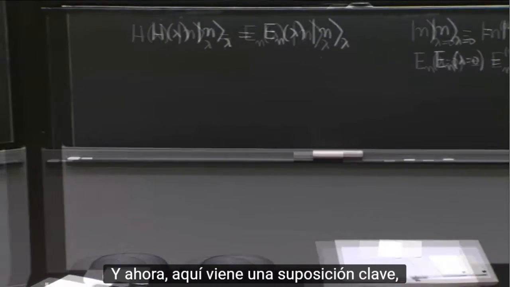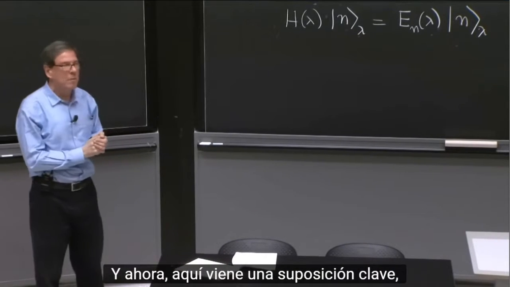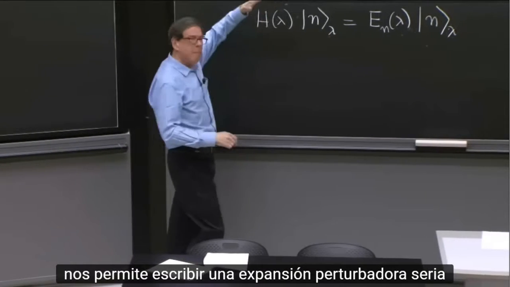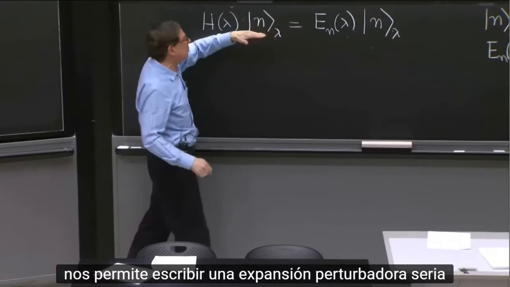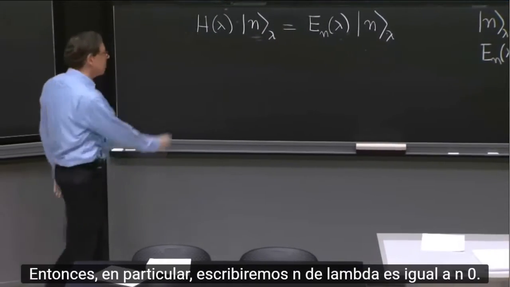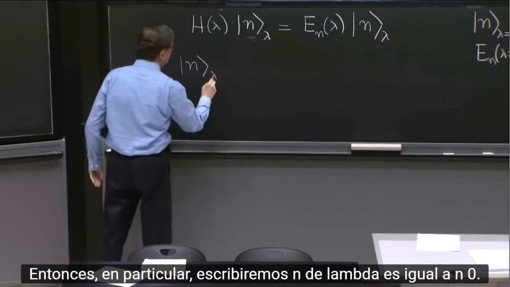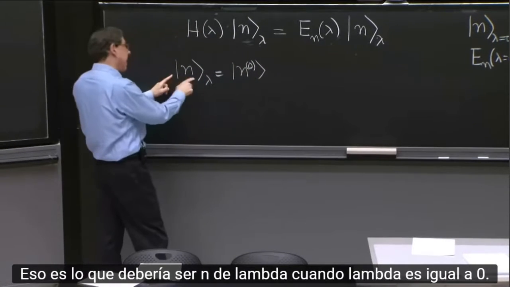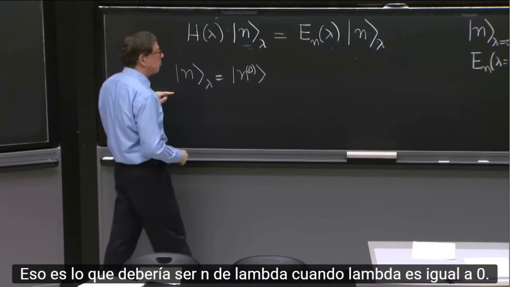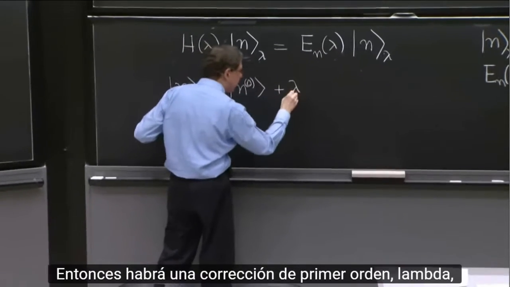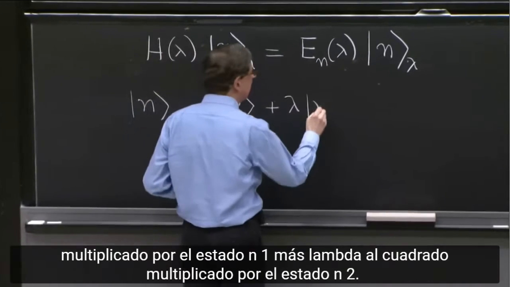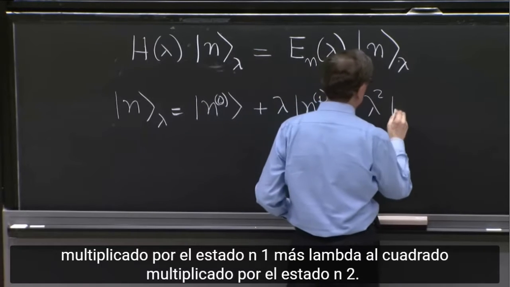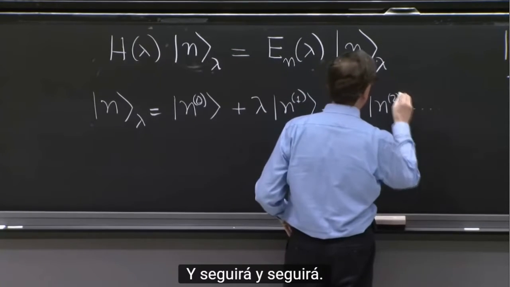And now here comes a key assumption, that the way we're going to solve this allows us to write a perturbative series expansion for these objects. So in particular, we'll write n of lambda is equal to n0. That's what n of lambda should be when lambda is equal to 0. So then there will be a first order correction, lambda, times the state n1, plus lambda squared times the state n2. And it will go on and on.